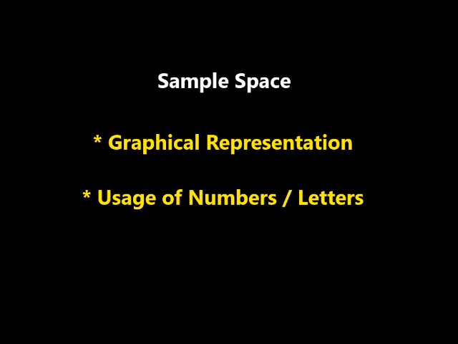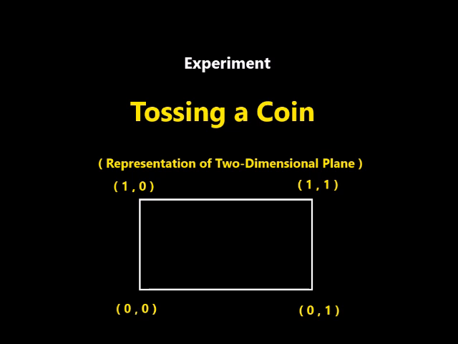It is often useful to portray a sample space graphically, and in such cases it is very desirable to use numbers in place of letters whenever possible. So if we toss a coin twice and use 0 to represent tails and 1 to represent heads, then the sample space can be portrayed by points in a coordinate system over a two-dimensional plane.